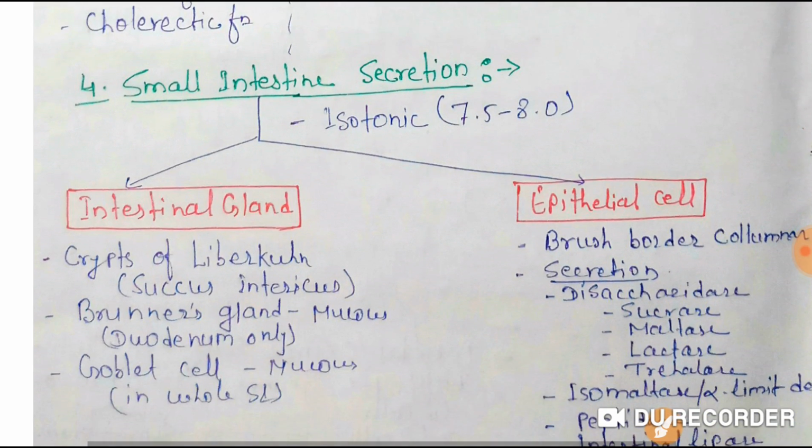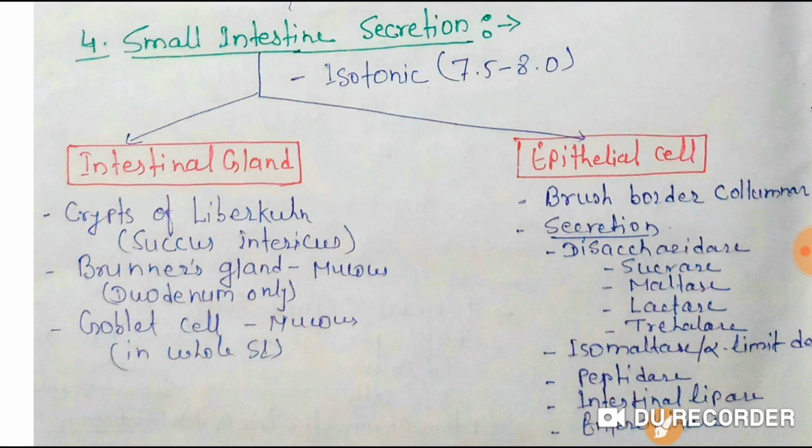Next secretion is the small intestinal secretion. These are also isotonic to the plasma, with a pH of 7.5 to 8. These are the intestinal gland and epithelial cell secretions.